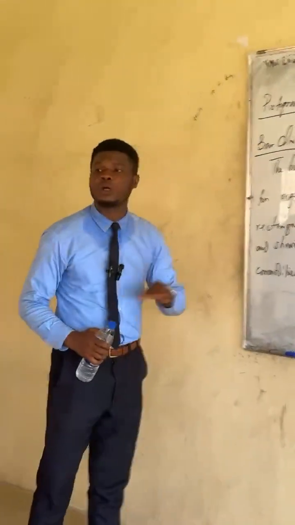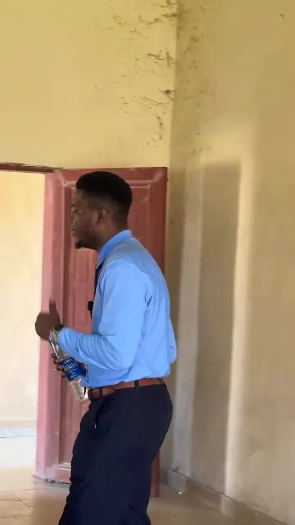Is it clear? Yes, so, now, if you see one thing common to all our definitions as we proceed, if you ask me what is a bar chart, I will tell you that a bar chart is a graphical technique, but I won't stop there. If you ask me what is a pictogram, I will tell you it's a diagrammatic technique or a pictorial technique. If you ask me what is a pie chart, I will tell you it's a pictorial technique.